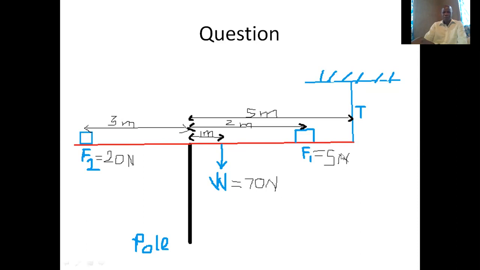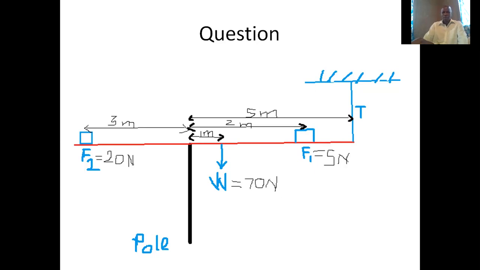You have to identify in which direction that force is pulling. You have seen that the tension here is on this side, but it is pulling in the anti-clockwise direction. So this is a basic concept which we should all understand, that it's not always that if you have forces on one side, they are pulling in the same direction. You have to identify.